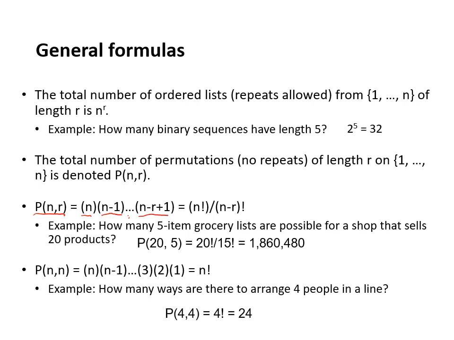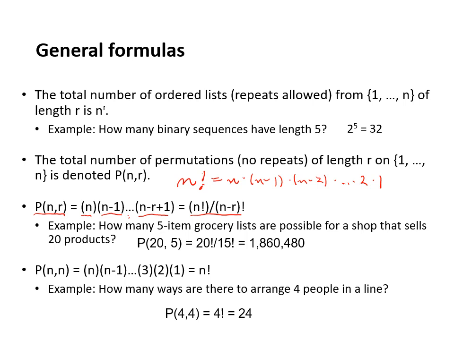That is equal to n factorial divided by n minus r factorial. Just as a reminder, n factorial is equal to n times n minus 1 times n minus 2, and so on, times 2 times 1. So you multiply all numbers between 1 and n, and that's what n factorial means.